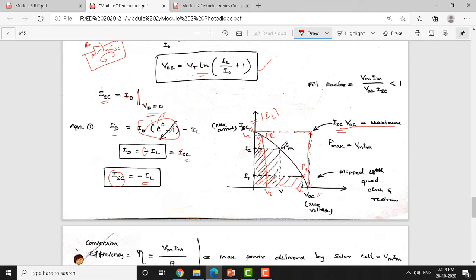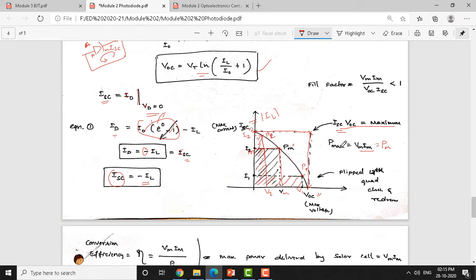Let us assume that this is a point in the middle, which gives you Vm, and corresponding to this current let us say Im. Now, this Pm can be equated to P max or Pm, if I call that the product of Vm into Im, and the area under this you can see is maximum compared to the regions with reference to P1 and P2.